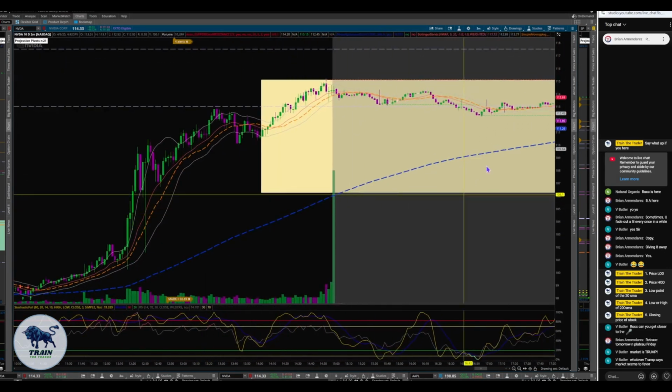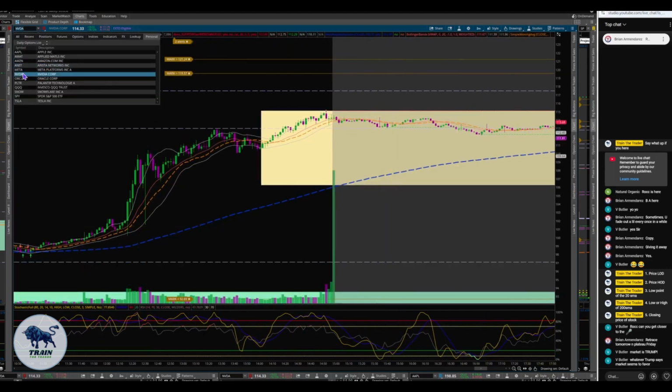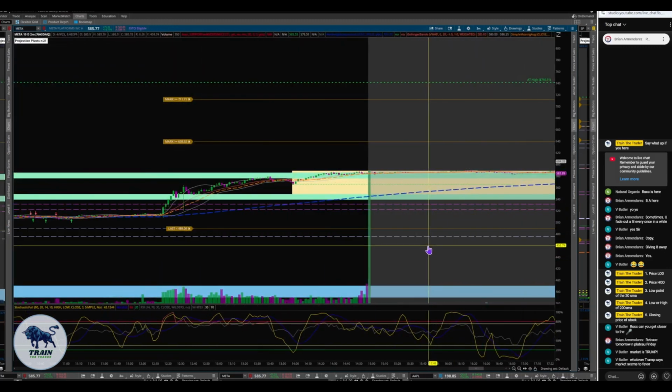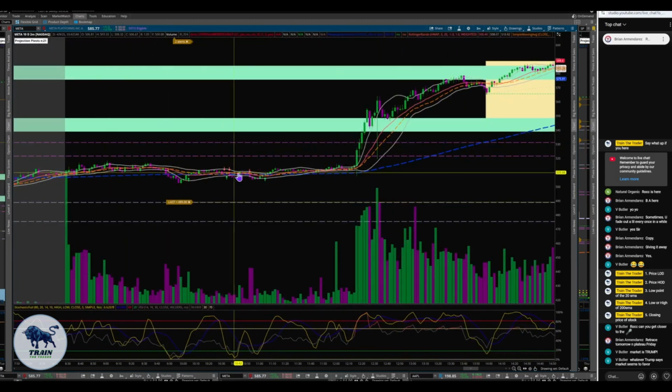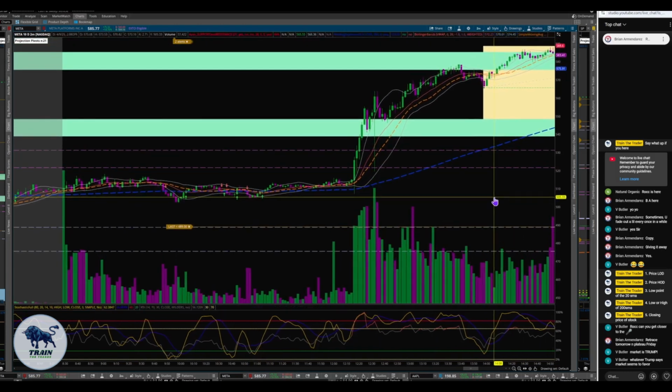So, pull up the Meta chart. This is Meta right here. See, they all look the same. It's crazy. That's when I was like, nah, something is not right. All these charts are in the same position.